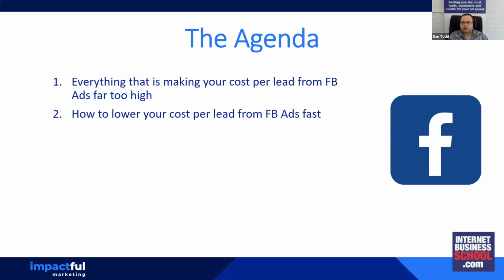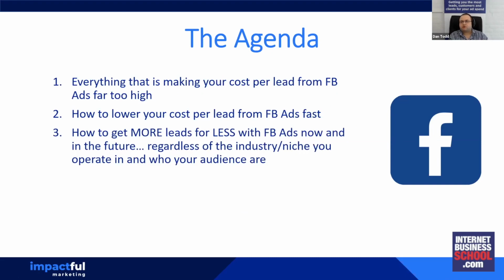So once we go over that, we'll talk about how you can actually fix it as fast as possible. So ultimately, you can get more for less from your ads, more clients, more sales, more leads, more profit from your ads. So not only can you and your business grow, you can help more and more people and have a greater impact on the world, which is what we at Impactful Marketing are all about.